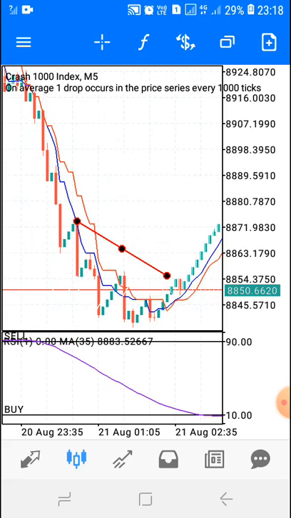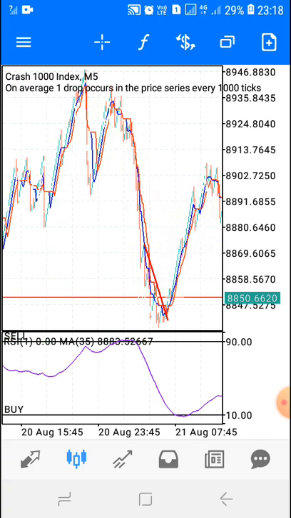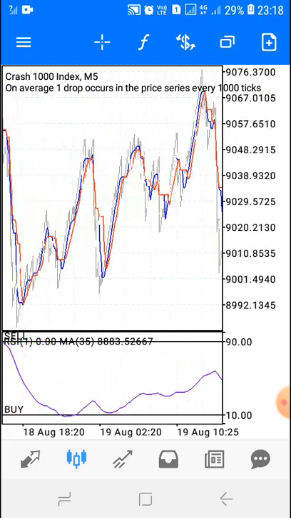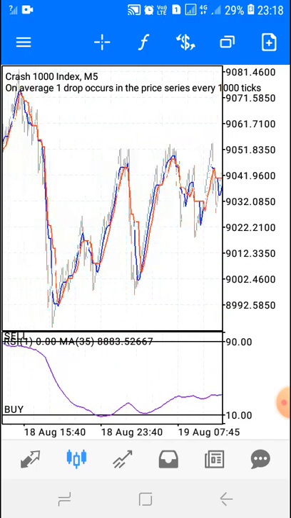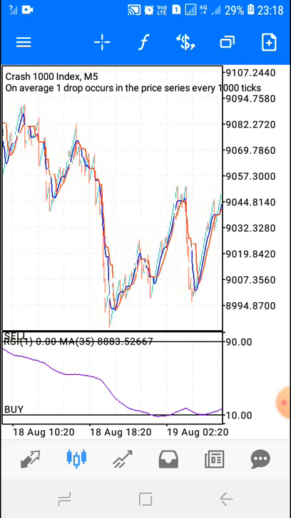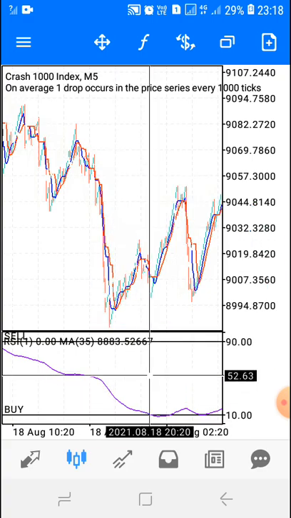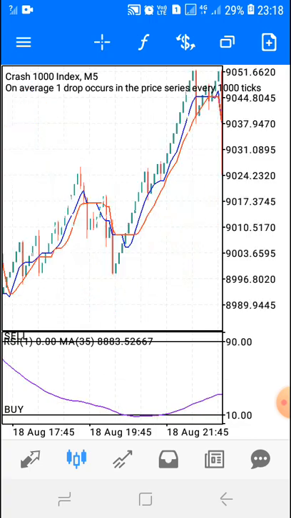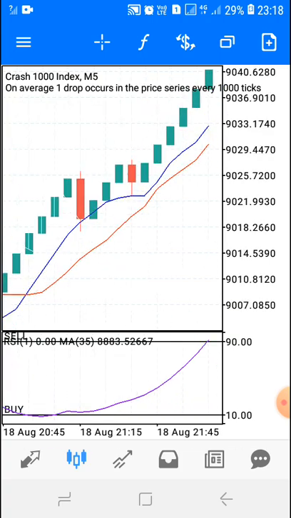But before you draw a trend line, wait for the crossover. So you don't take entries like this. Rather, take entries where you can see that the crossover had occurred perfectly. For example, let me show you. You can see that the moving average is at the 10 level. Now you want to look for your second confirmation, which is your crossover.